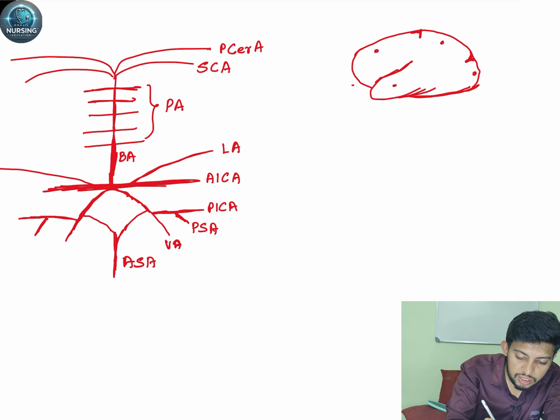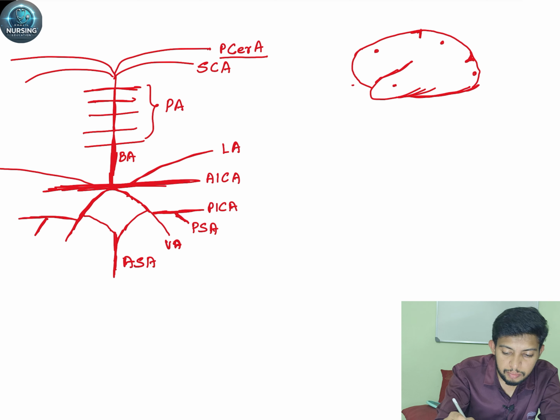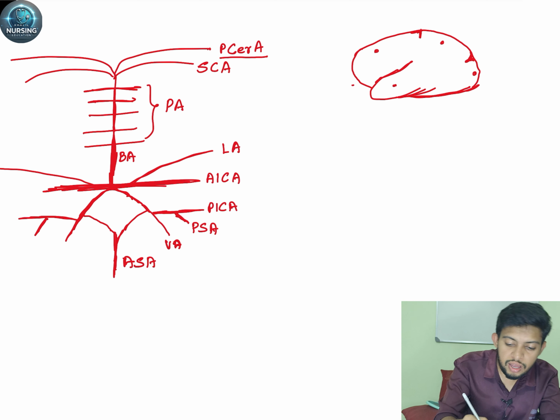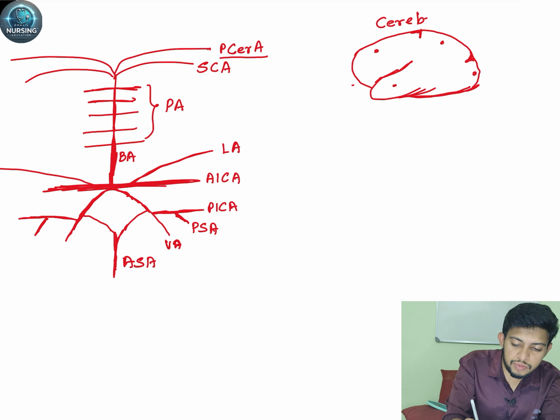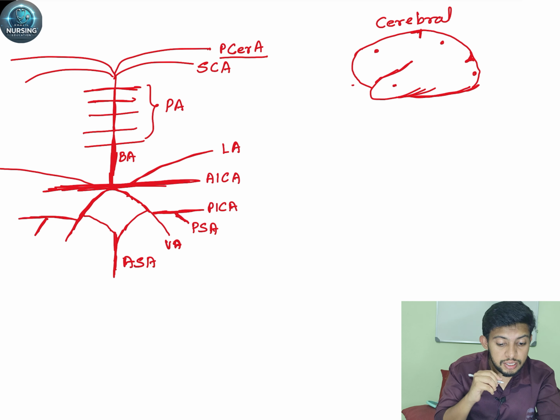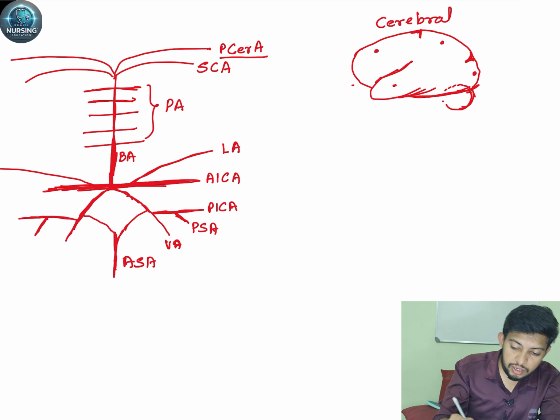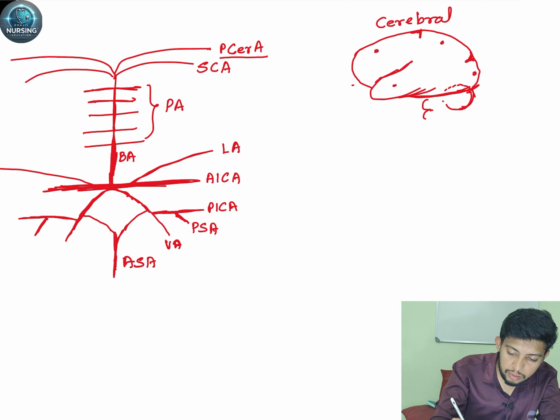So the posterior cerebral artery is cerebral. Whatever arteries supply this aspect, we call cerebral. Then cerebellar means that which is present beneath the occipital lobe, and there are the pons and medulla oblongata, and this is the spinal cord.